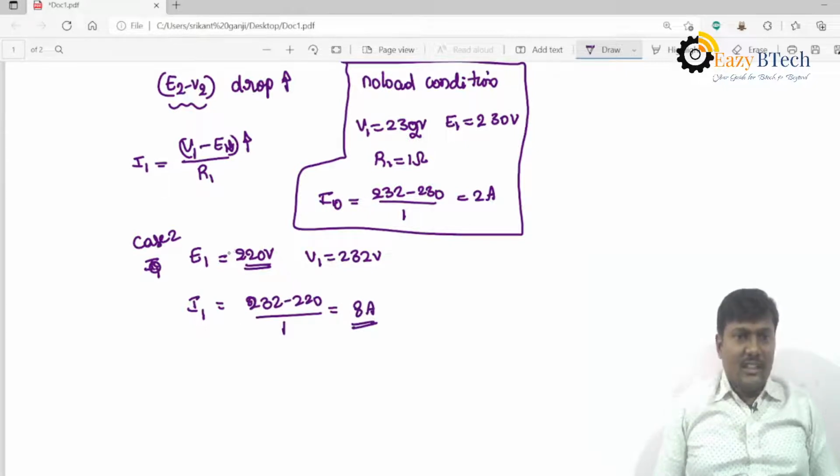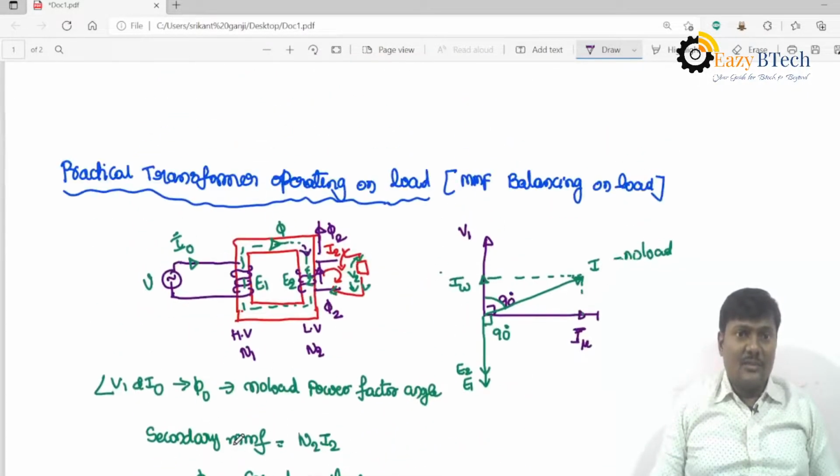See here, if the induced EMF in the primary winding decreases, the V1 minus E1 drop will increase. The current drawn from the transformer increases. It will draw the additional current, that is called I2 dash. Both are phasors only. Now the resultant current is I1.